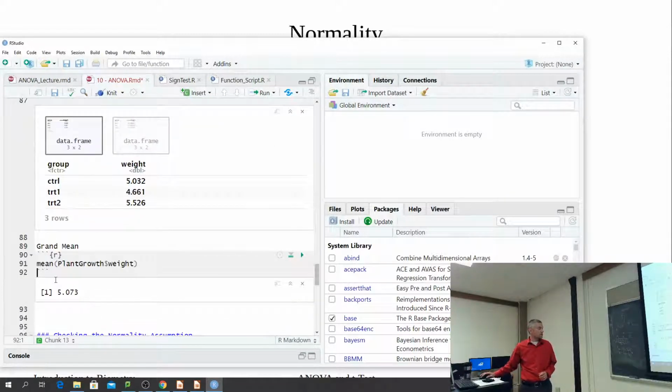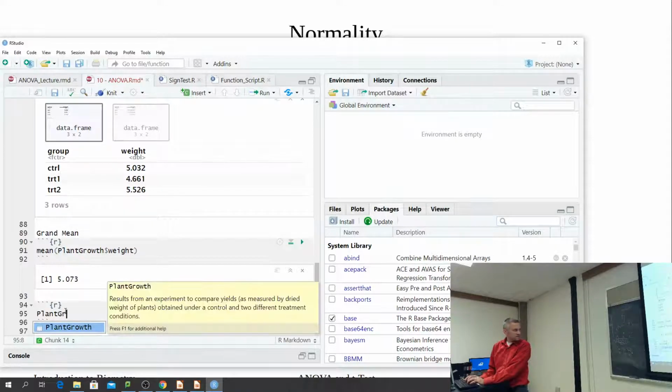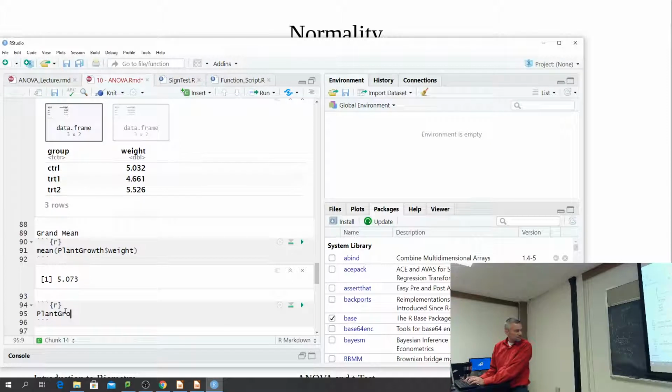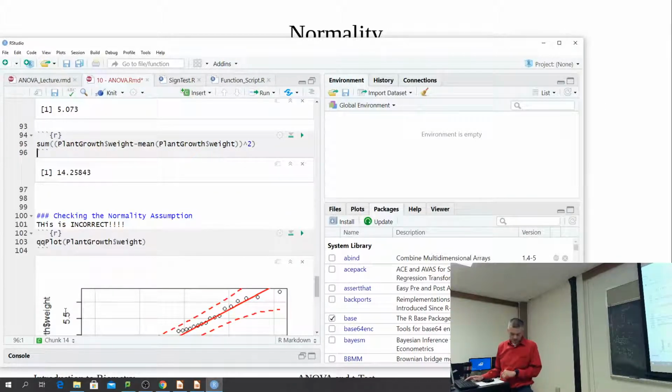So we can go through and do this. If we did it by hand and we wanted to know our variation, our sum of squares, what we would do is take each of our x's, plant growth weight minus the grand mean. That gives 14.25843.